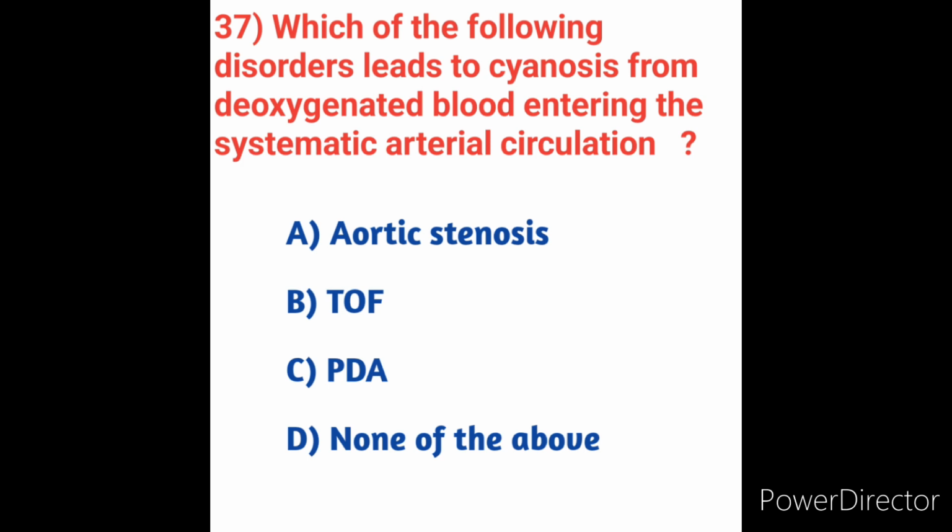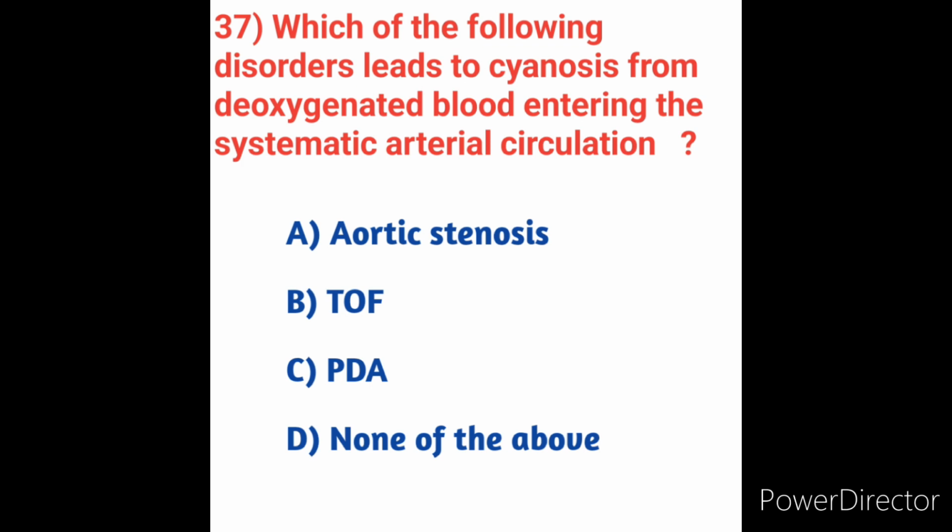What is aortic stenosis? Aortic stenosis means narrowing of the valve in the large blood vessels of the heart. What is TOF, tetralogy of Fallot? Tetralogy of Fallot is a cardiac anomaly that refers to a combination of 4 related heart defects that commonly occur together, and it causes low oxygen levels in the blood.